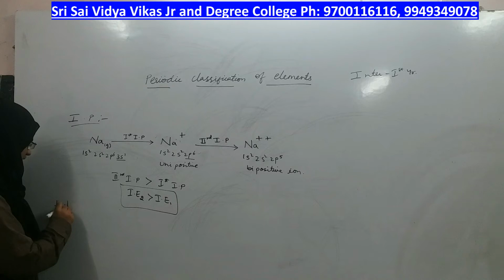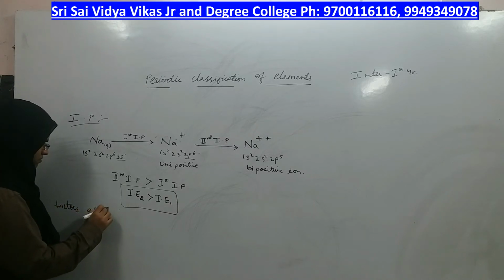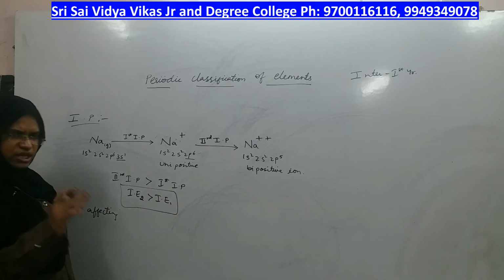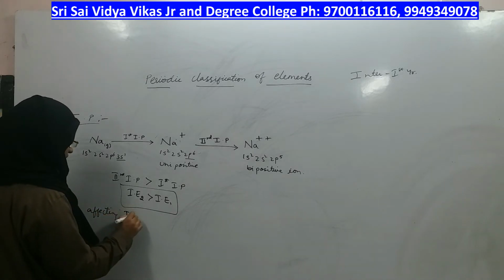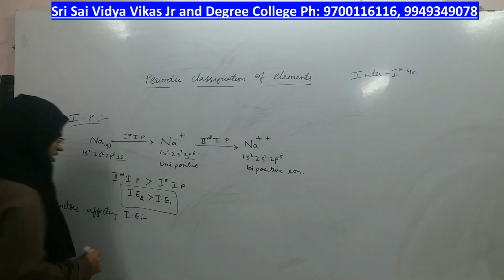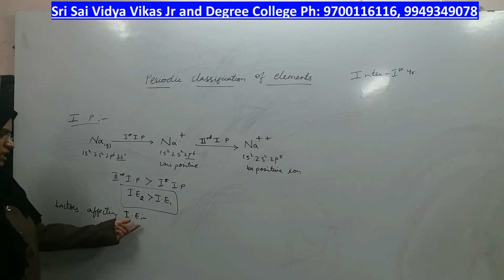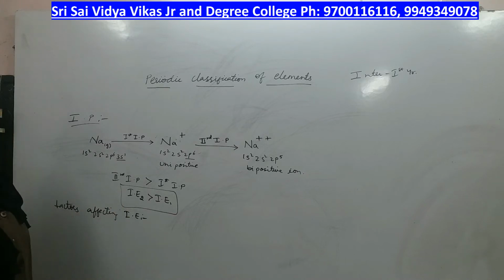Factors affecting ionization energy: general factors affecting ionization energy for all atoms. In the complete periodic table, who decides whether the ionization energy increases or decreases from left to right or from top to bottom?